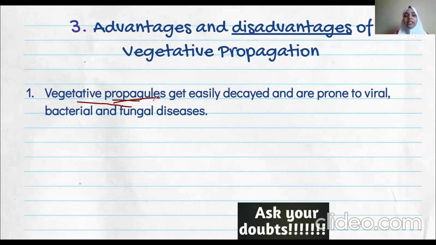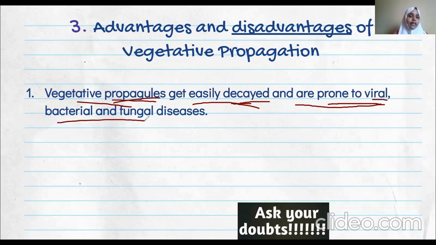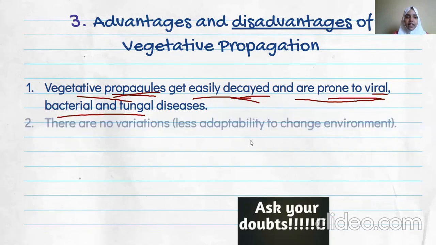We call that a propagule, the part of the plant that we use for reproducing a whole new plant. It gets easily decayed, easily destroyed. Yes, and they are very much prone to diseases like fungal, viral, or bacterial diseases. So those propagules can be attacked easily by viruses, bacteria, or fungus. So this is one of the major disadvantages.